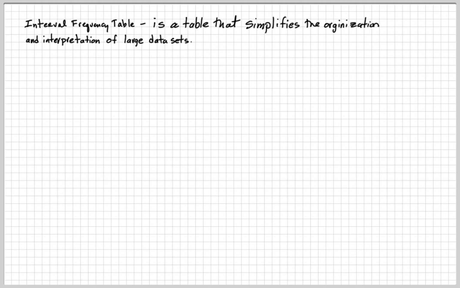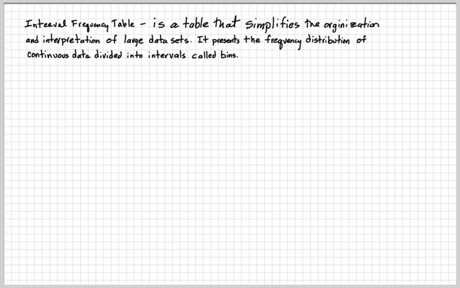Okay, so interval frequency table. It's a table that simplifies the organization and interpretation of large data sets or samples. It presents the frequency distribution of continuous data divided into intervals called bins.